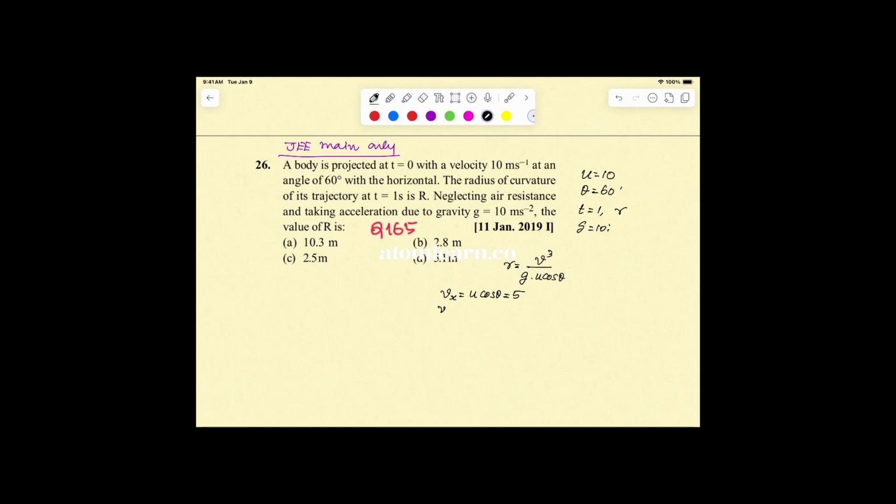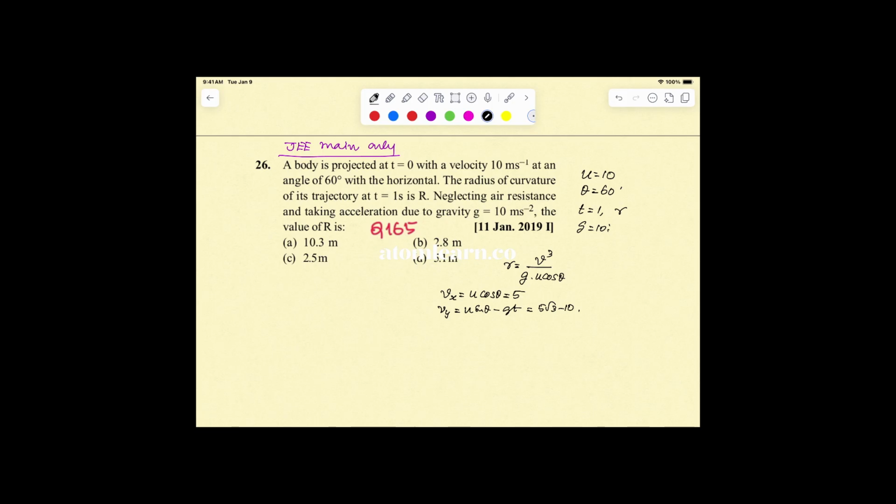And then the y component of velocity is given by u sin theta minus gt. At t equal to 1, gt is 10. Therefore this becomes u sin theta, which is 10 into sin 60, root 3 by 2, so 5 root 3, minus 10. Obviously now it is negative, meaning the projectile is coming down, that's the descending stage.